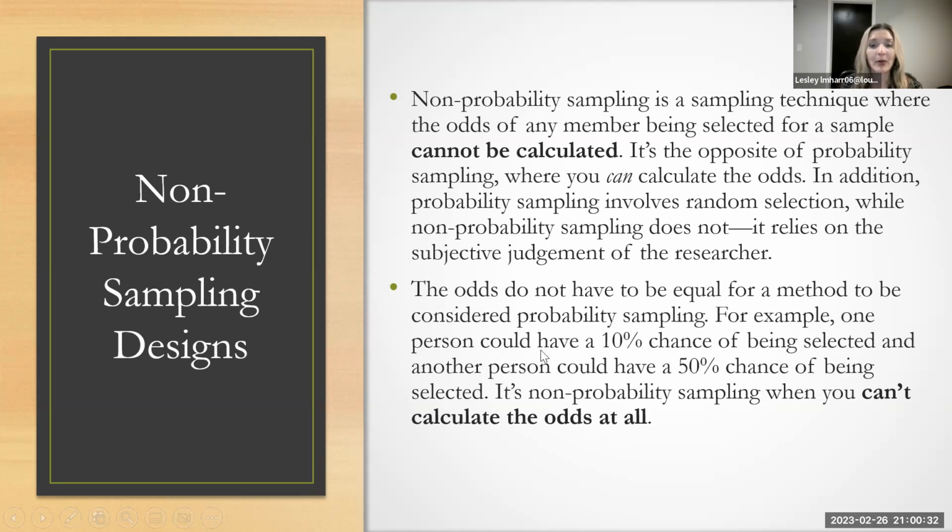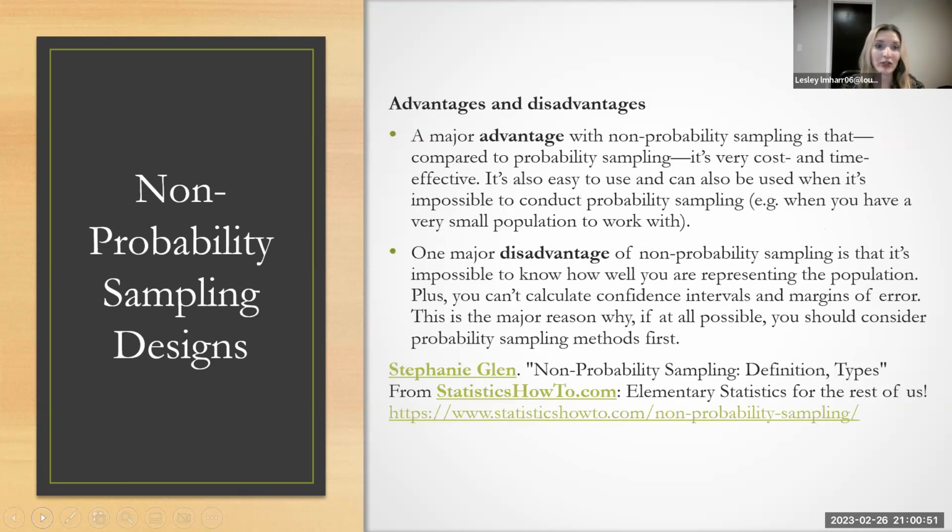For example, one person could have a 10% chance of being selected, another person could have a 50% chance of being selected. It's non-probability sampling when you can't calculate the odds at all. So do not worry about odds when thinking about non-probability sampling design, because it's not really the point. We're really looking for people to just respond to being a part of our study.